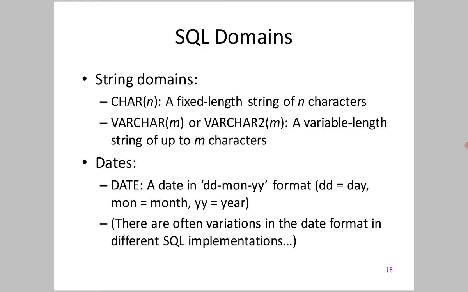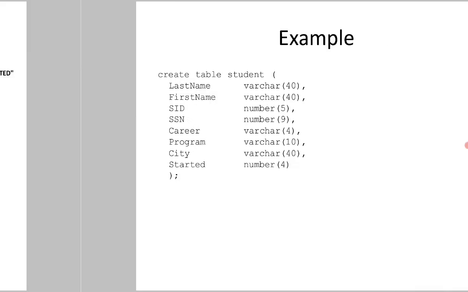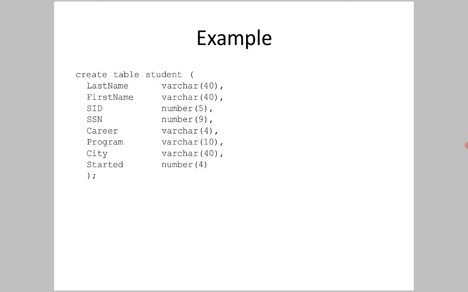Dates are in the form of DDMMYY format. This is a simple example of a student database, with last name, first name, student ID, program, city, started. An example is: create table student, last name, which is a varchar of 40.